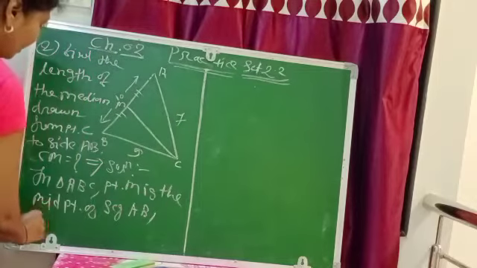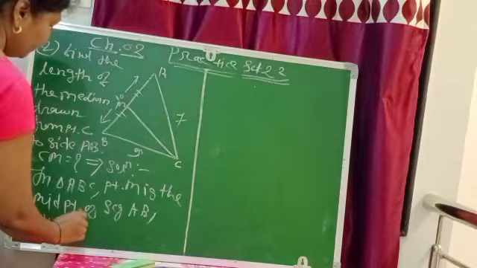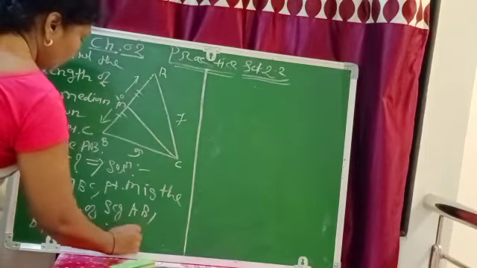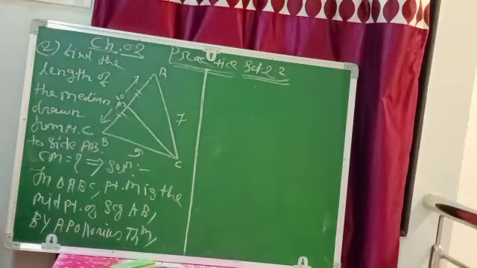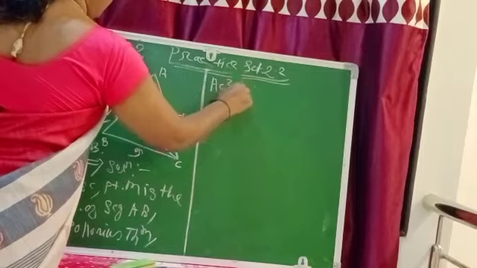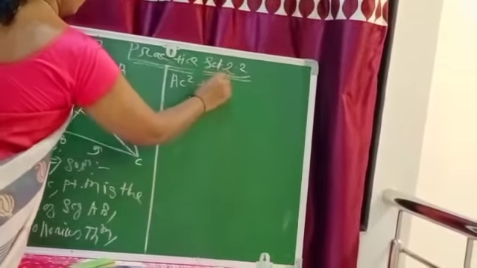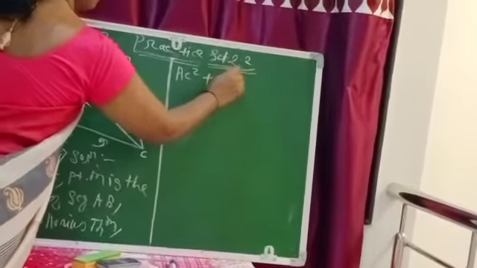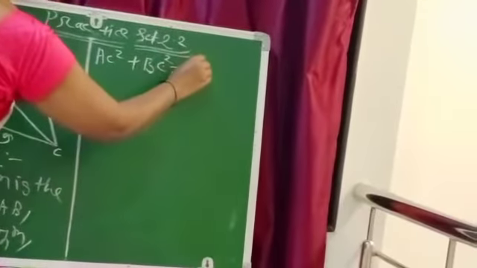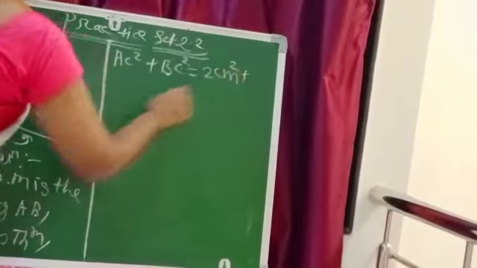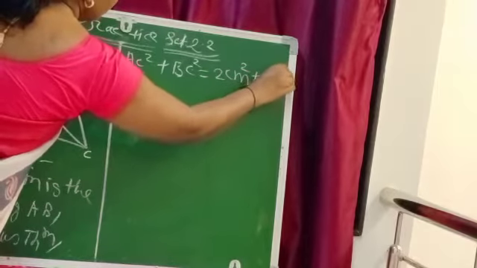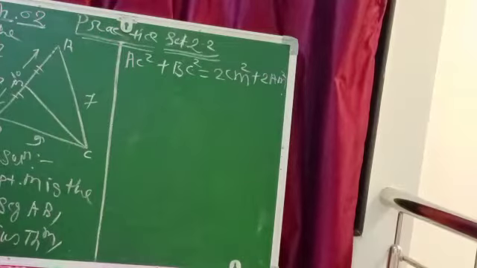Then by Apollonius theorem, AC square plus BC square is equal to twice CM square plus twice AM square.